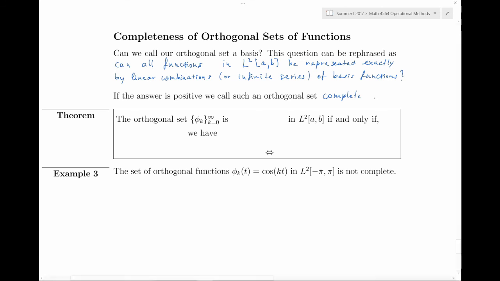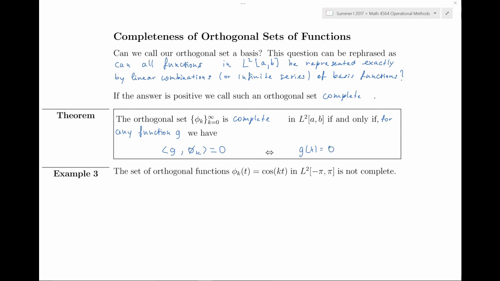The orthogonal set is complete if and only if, for any function g in my space L2, the fact that g in inner product with phi k equals 0, and I mean all possible inner products with all possible phi k, implies that g must be a zero function.